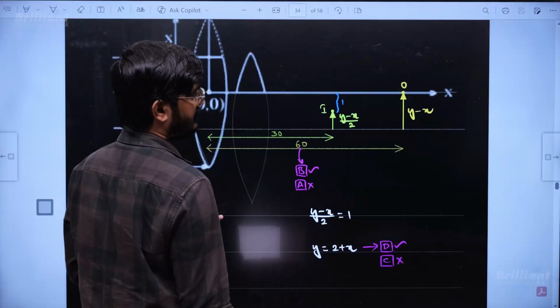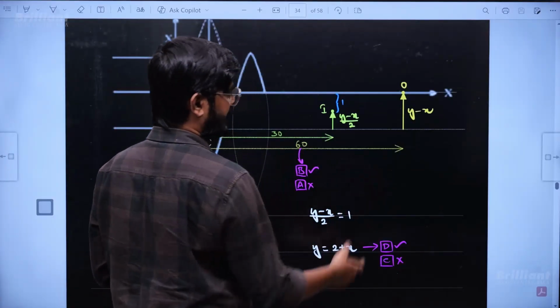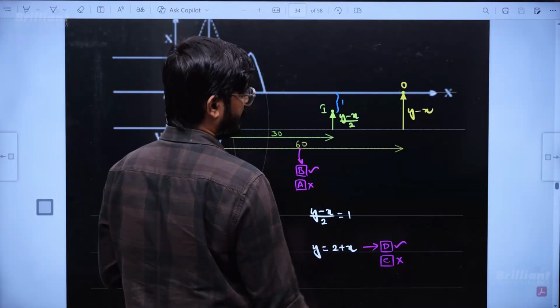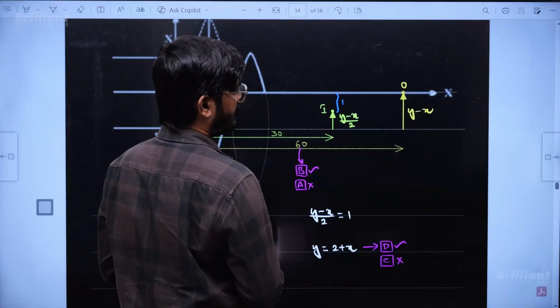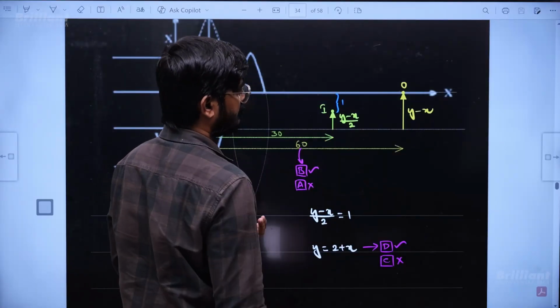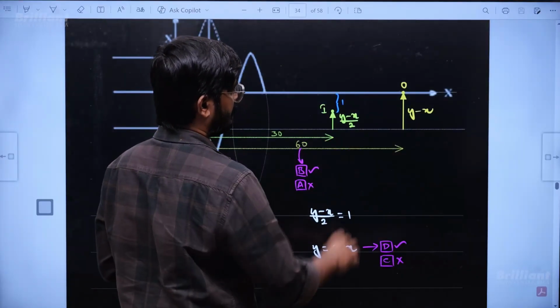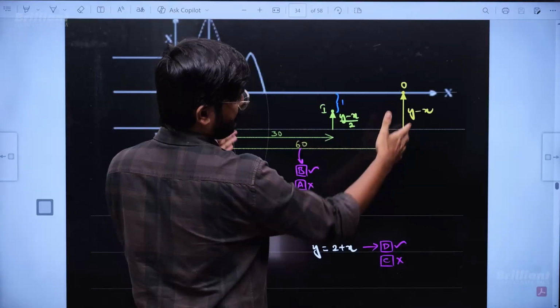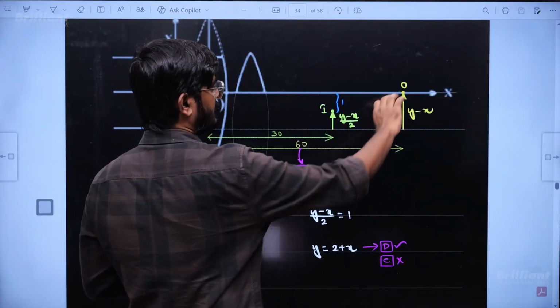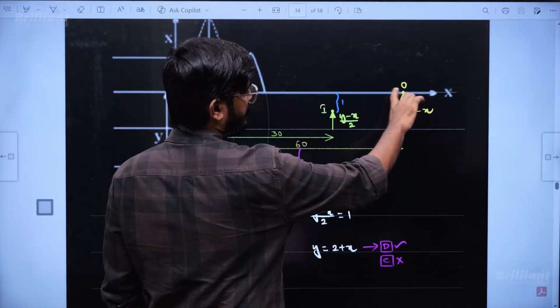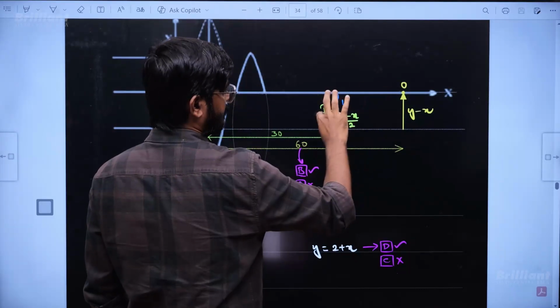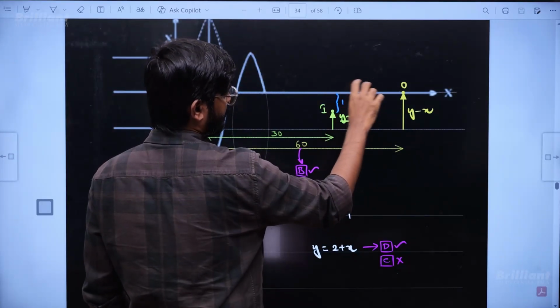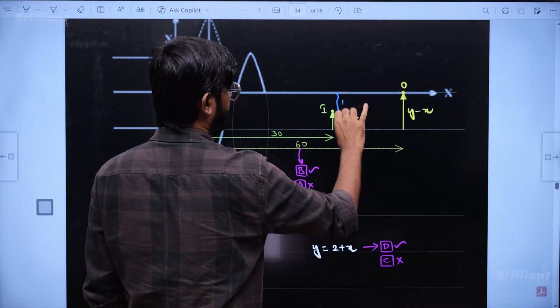So magnification you can find will be 1:2 by similar triangles, or V by U. This is V and this is U. So magnification is half. If I take an imaginary arrow, its length is going to become half of this. But they said this value is 1. So the meaning is this equals this plus this.